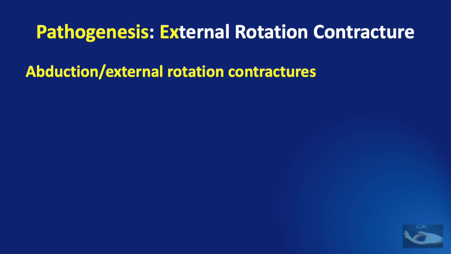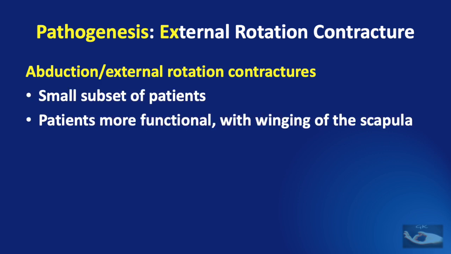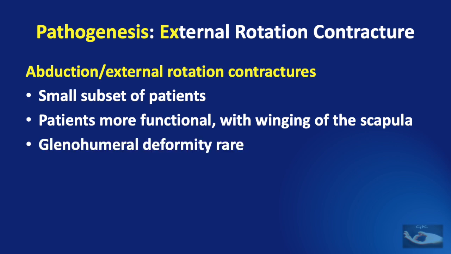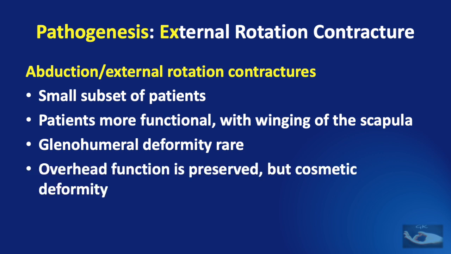This usually occurs after a surgical release of the internal rotators. In this small subset, patients are more functional, with the only complaint being winging of the scapula on attempts at internal rotation. Glenohumeral deformity is rare in this type of contracture, so though overhead function may be preserved, it may present with a cosmetic deformity only.